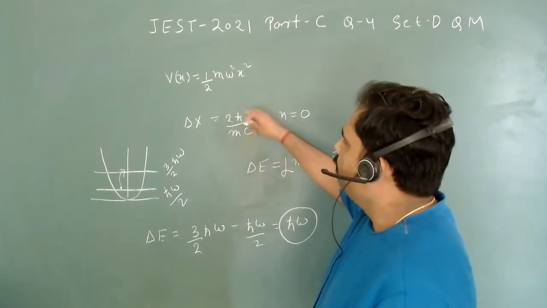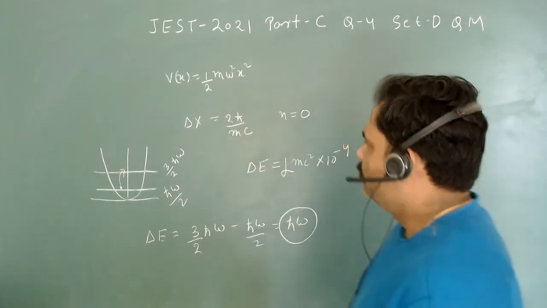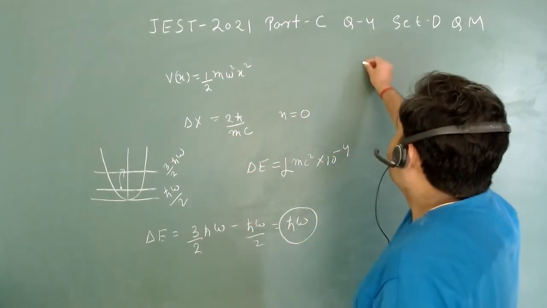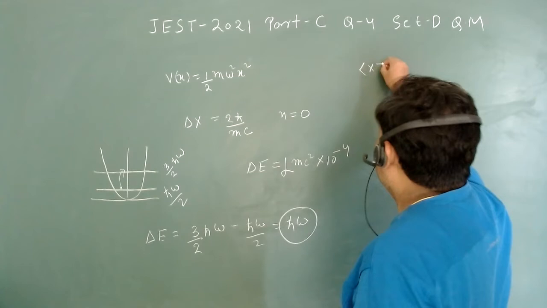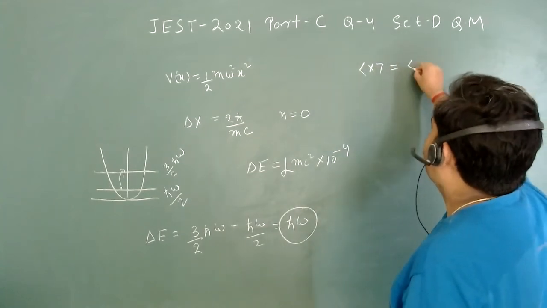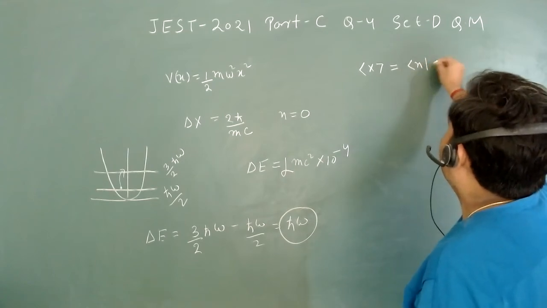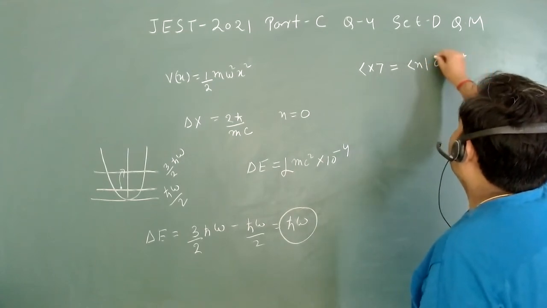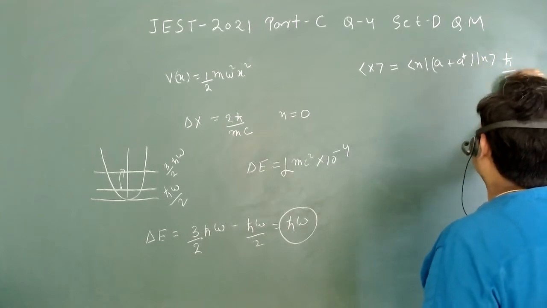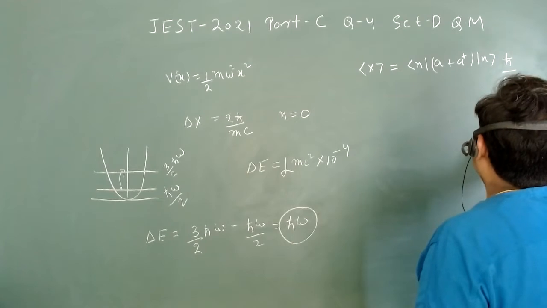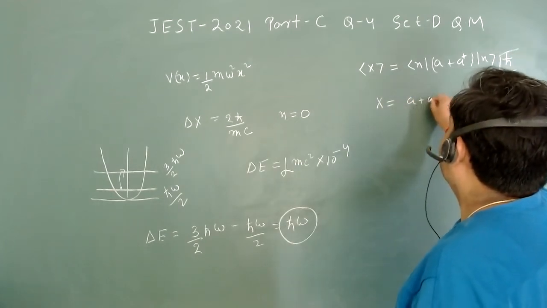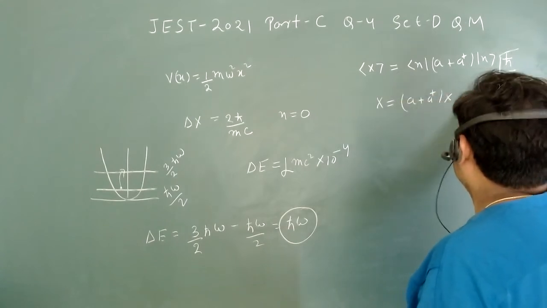So let's try to calculate the delta x for the ground state, which is given here. The expectation value of x in the nth state is given by n, a plus a dagger, n, and obviously we have the parameter root under h cut upon 2m omega, where x can be written as a plus a dagger into this parameter.